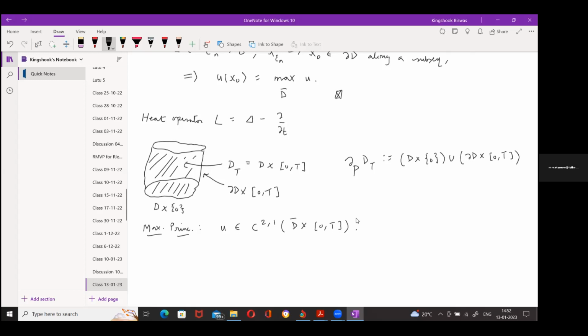Then the parabolic maximum principle says that if Lu, this heat operator applied to u, is greater than or equal to 0 in this cylinder, then the maximum of u over the cylinder is equal to the maximum of u over the parabolic boundary.